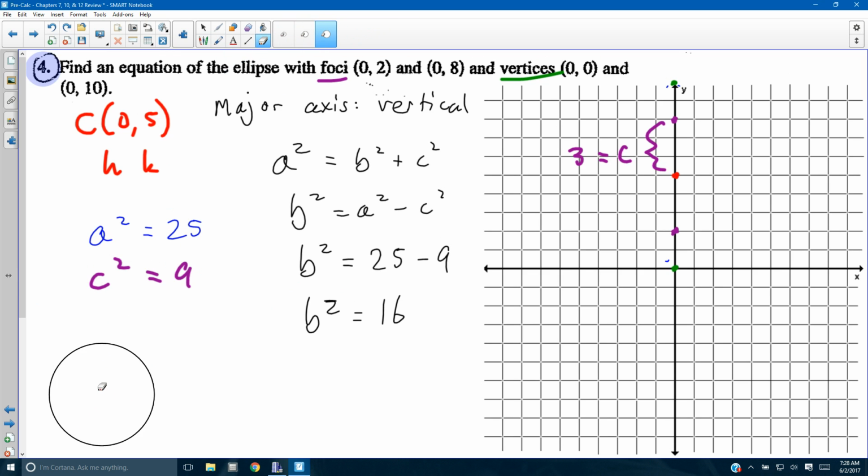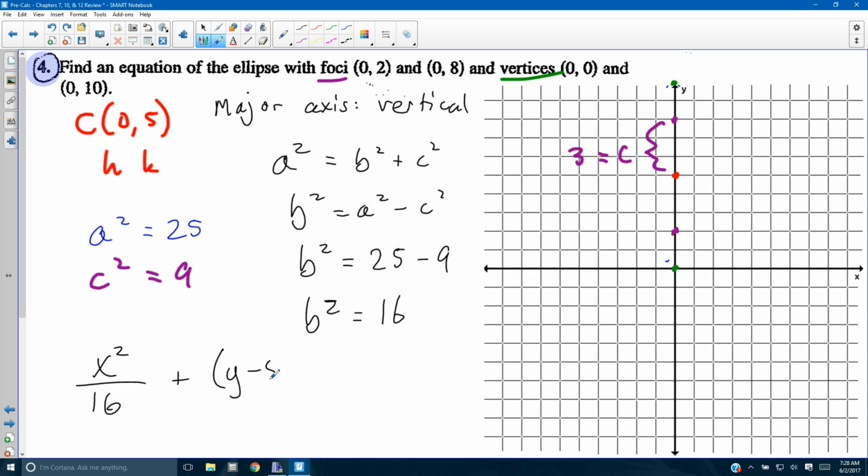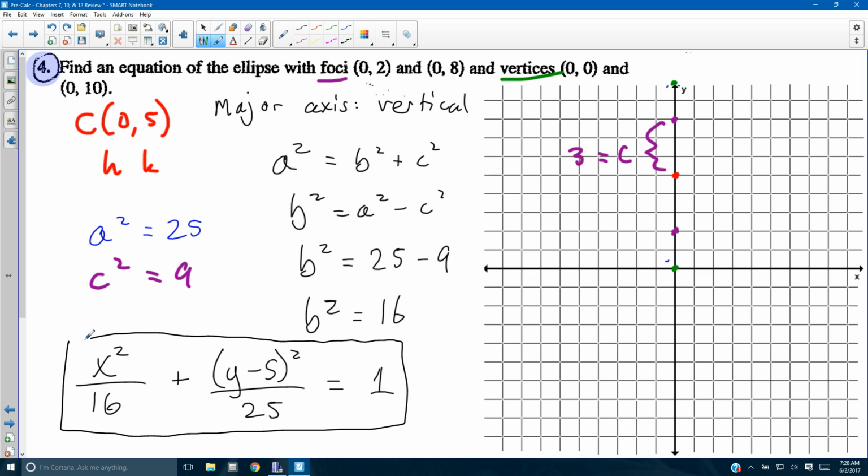X squared over b squared, which is 16. Minor axis is horizontal. So x squared over 16 plus, for an ellipse, plus y minus 5 quantity squared over a squared, 25. This equals 1. I don't use c squared in my equation, but I used it to get b squared, which is in my equation. There's your final answer.